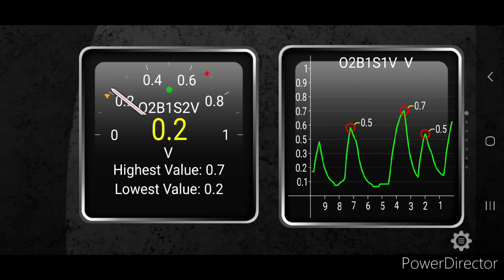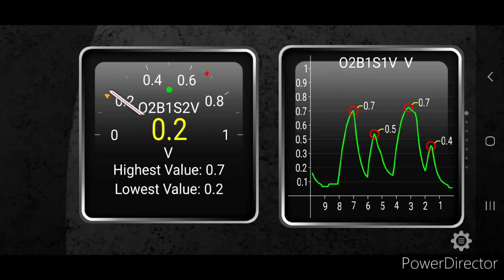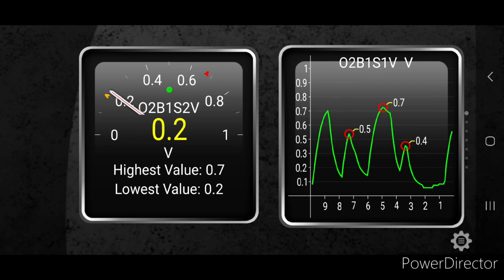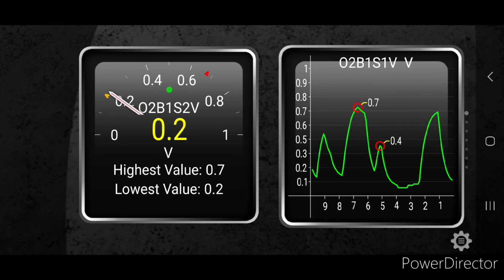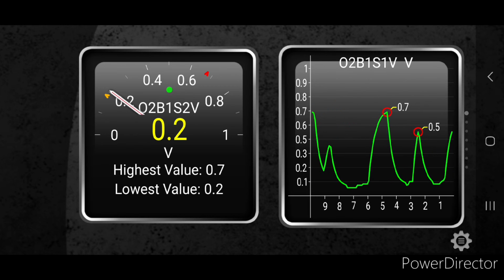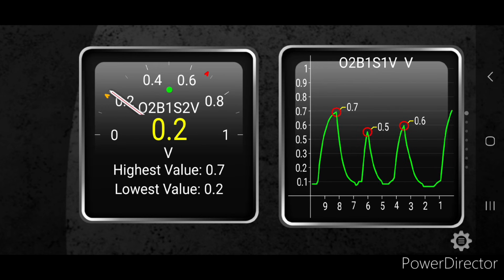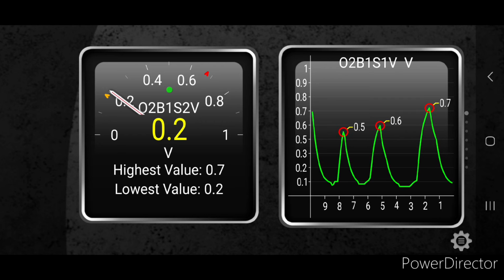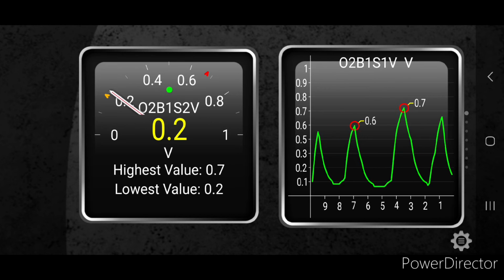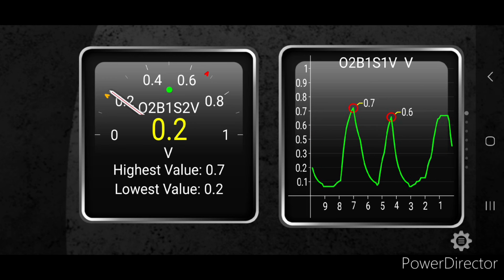So if the catalytic converter is fine, it means there is something wrong with our O2 sensor. The temperature at the outlet of the catalytic converter must be higher than the intake temperature. So right now that will be our next move, guys.